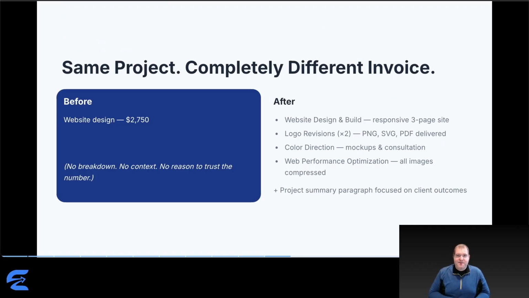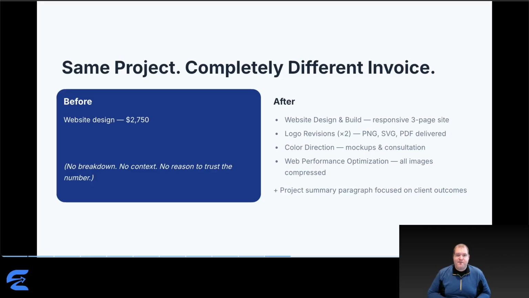The before and after here are from the same exact project. Same work performed, same hours logged, same designer. One invoice says website design, $2,750 with nothing else. The other has 4 itemized item lines with clear professional descriptions and a project summary paragraph focused on the client's outcomes.